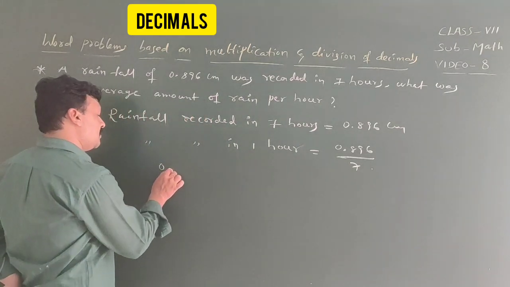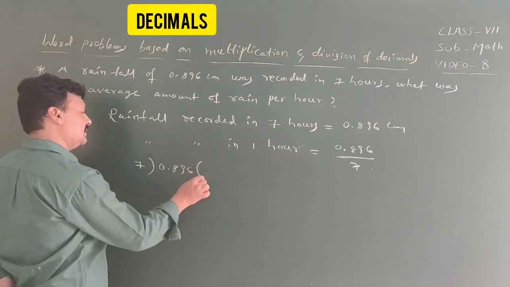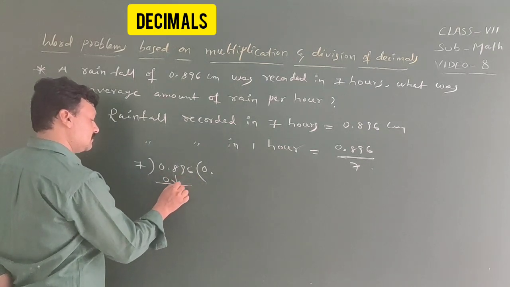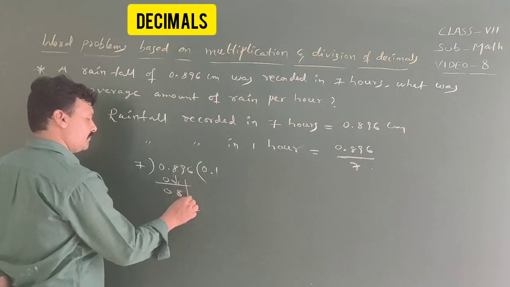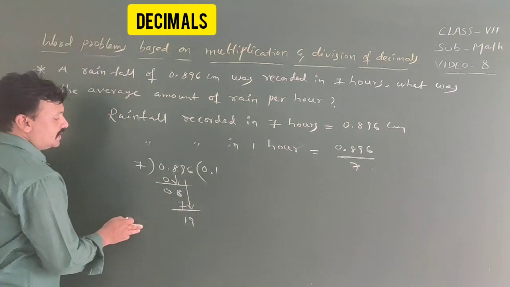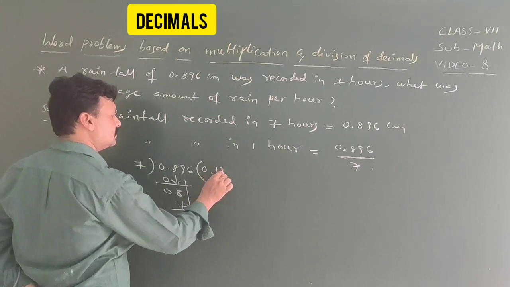Now 0.896 by 7. Here 0, 8 one time, 7 ones 7, twos 14.